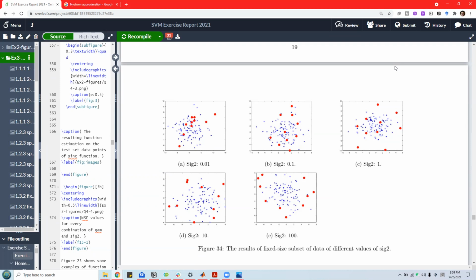And if you pick sigma too large, then the algorithm would assume your data set has a really large variance. So it tends to look at large-variance points, and those appear at the edges.